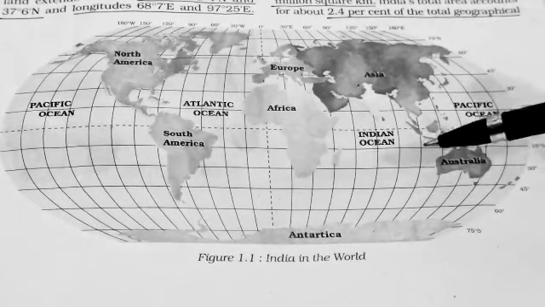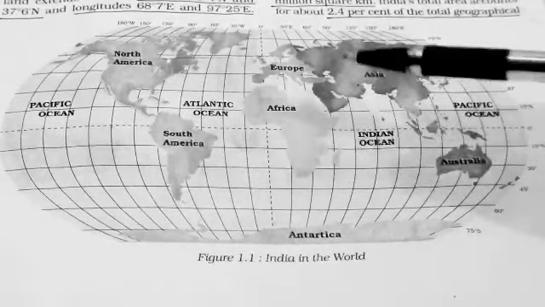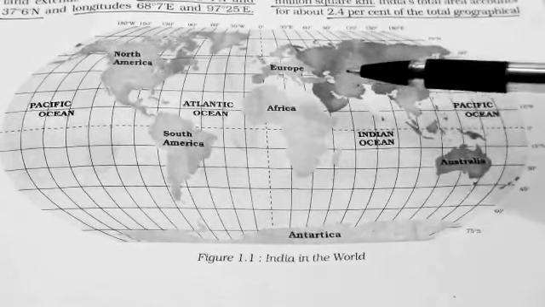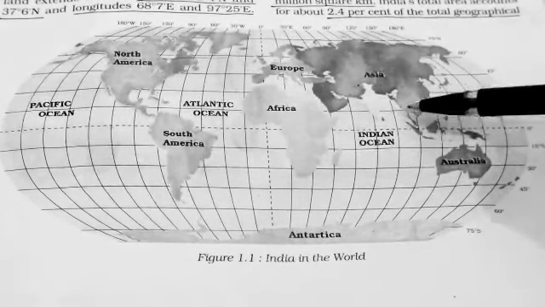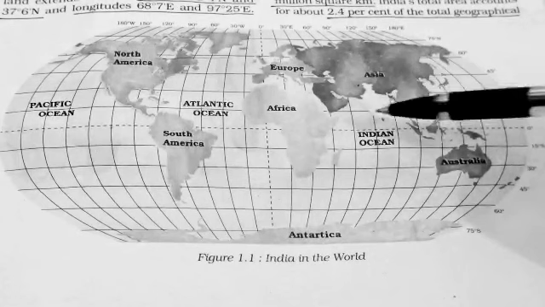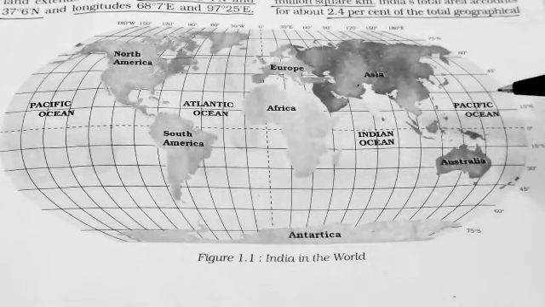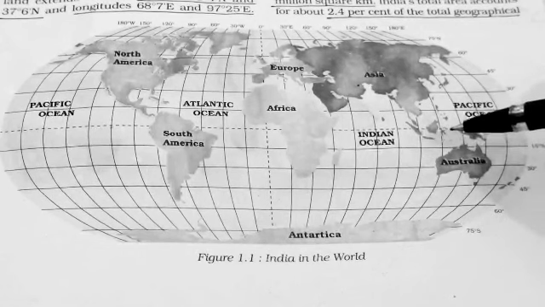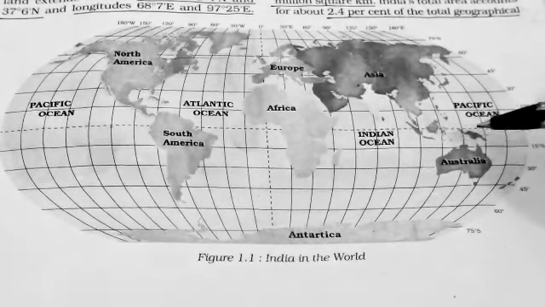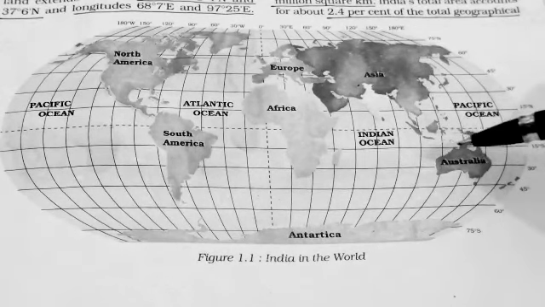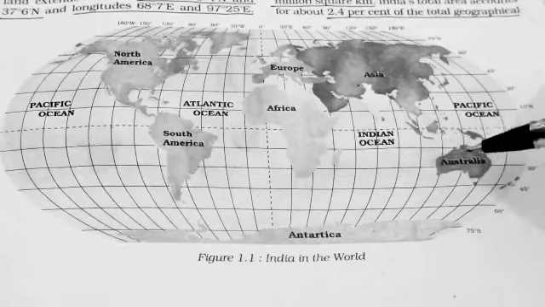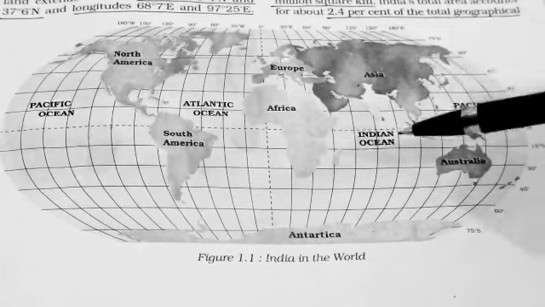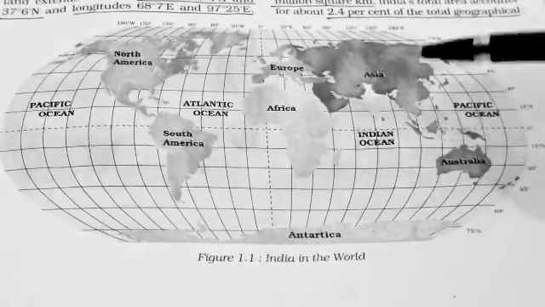In this map various continents are shown, but we will focus on the map of India. As you can see, this dotted line is the 0-degree latitude or equator that divides the world into two equal halves.